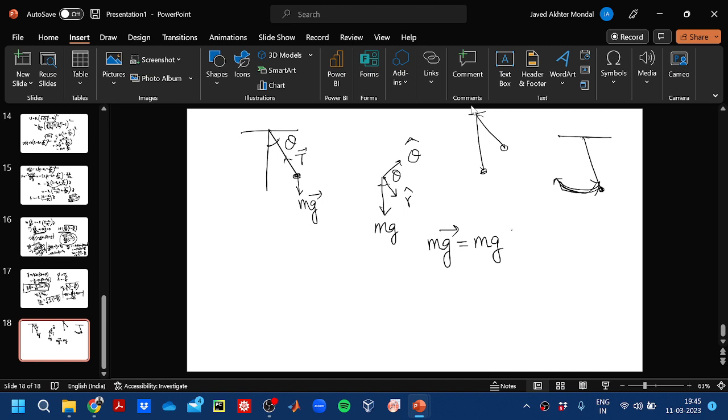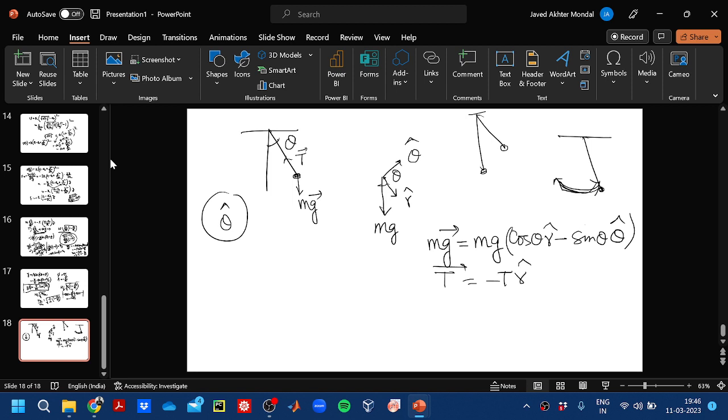So this component will be cos theta along r cap, and along the theta axis it will be minus sine theta theta cap. And the tension will be along the negative r axis. So these two are the forces that are acting on the system. Now we are interested in the motion along this theta cap direction.